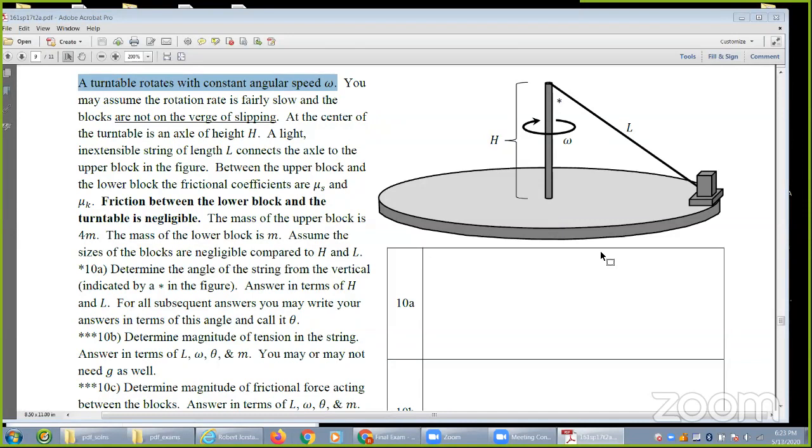All right. Take a minute and do the FBD for this. Try and do the FBD. Can we use a system FBD?